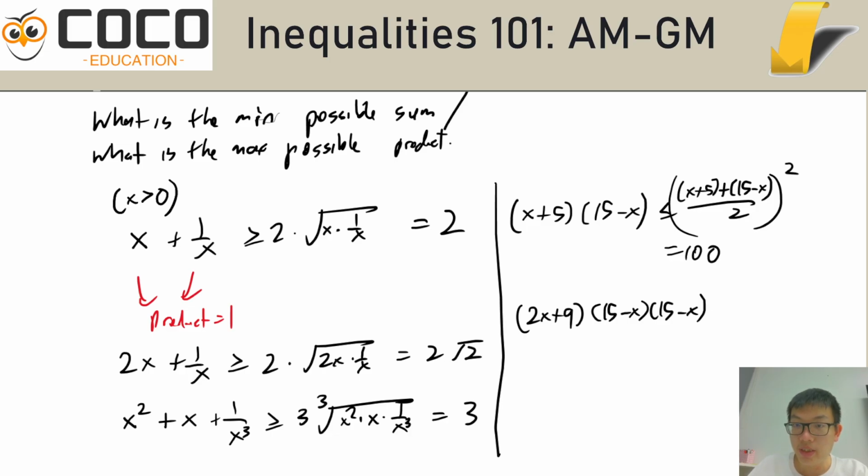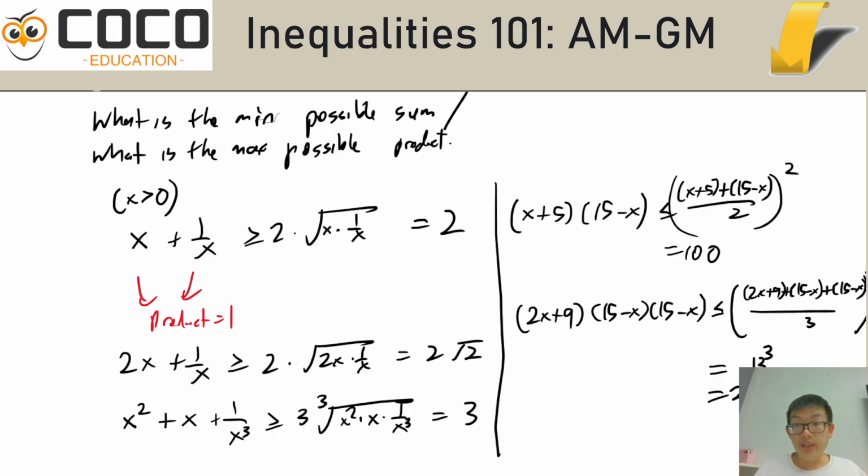The three things, it still has a fixed sum. You add them instead of multiplying them. The arithmetic mean cubed because there are three things. And so this is going to be 11 cubed. Sorry, I can't count. 13 cubed, which is 2197.